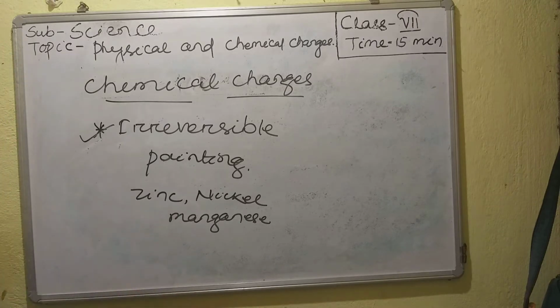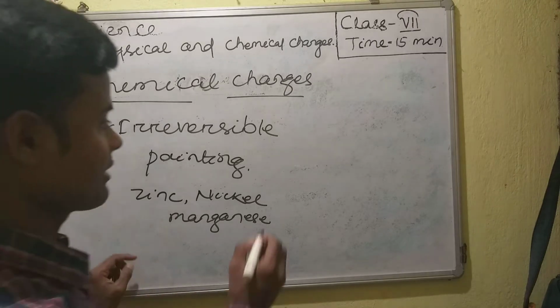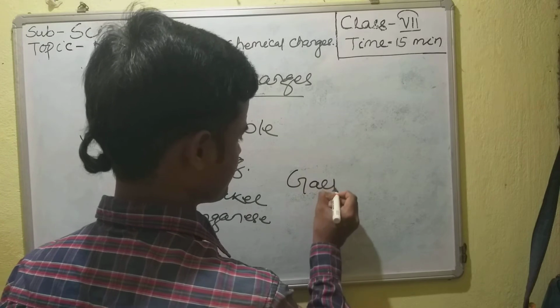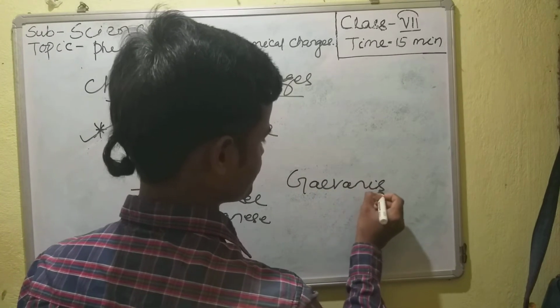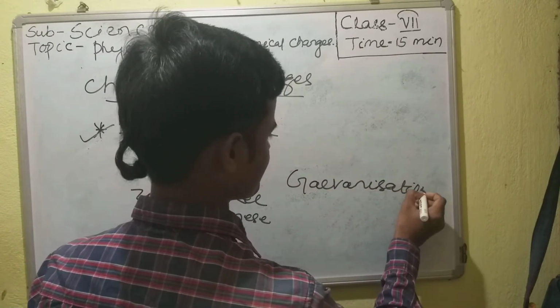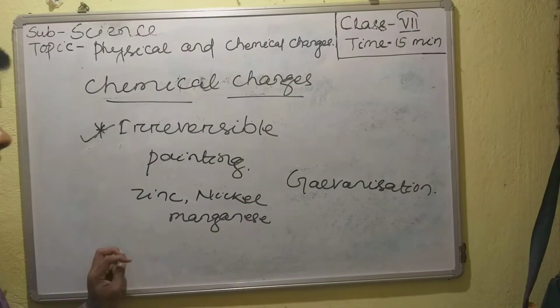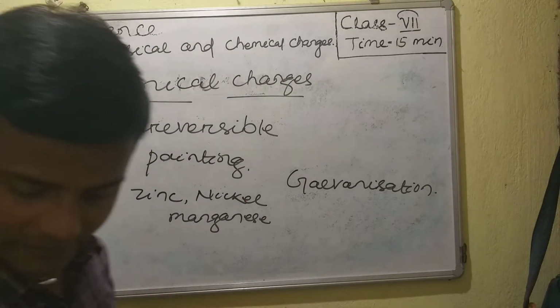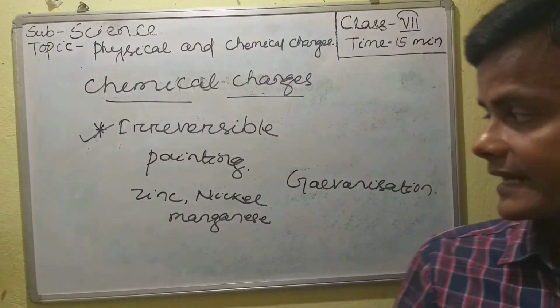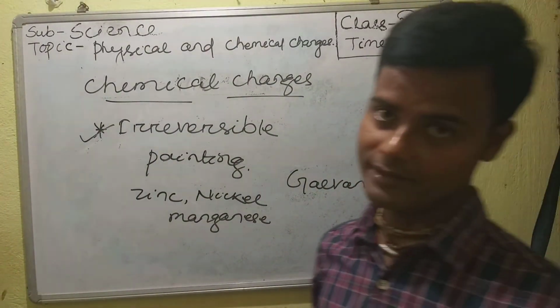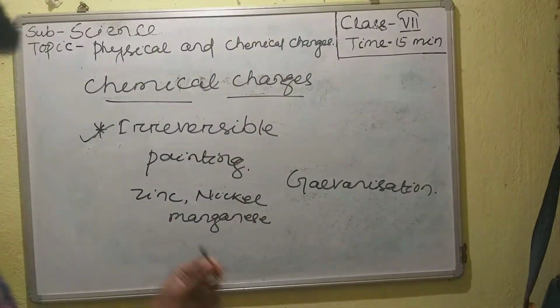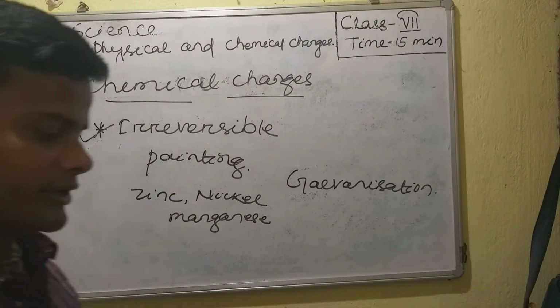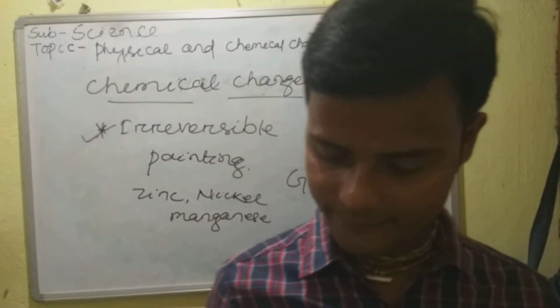This process is known as galvanization. This coating of zinc, nickel, and manganese, different metals, on iron articles is known as galvanization. By this galvanization process, we can prevent rusting, right?